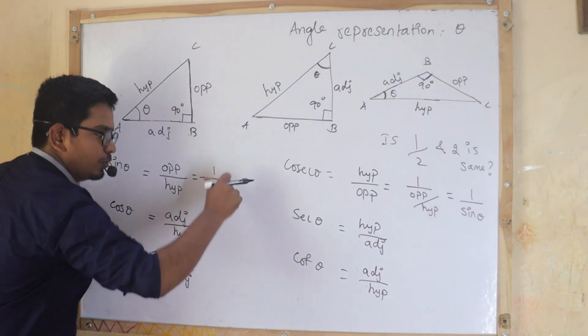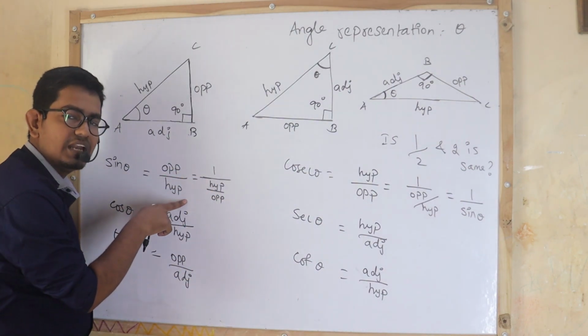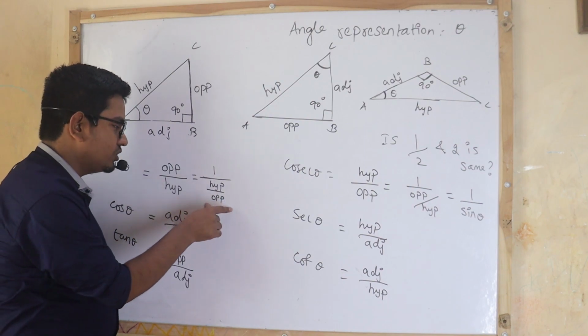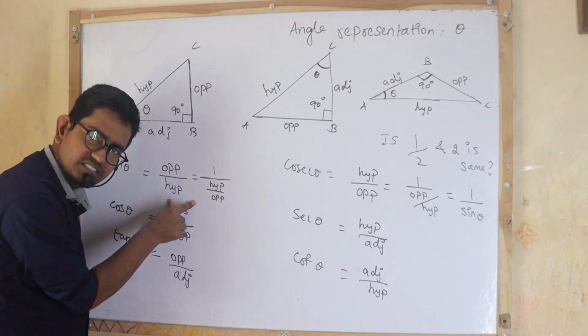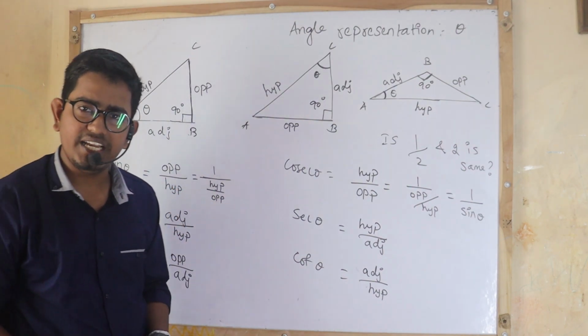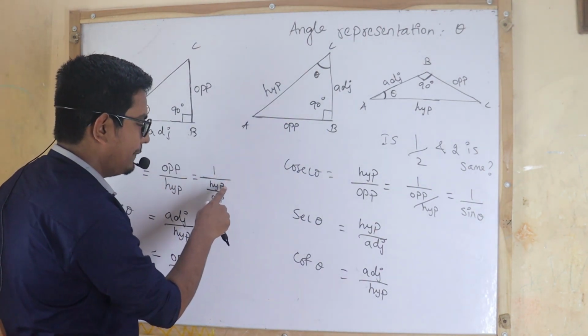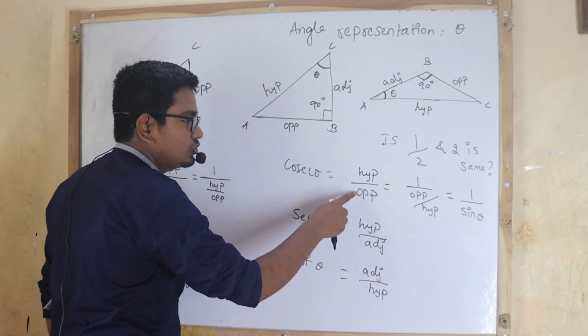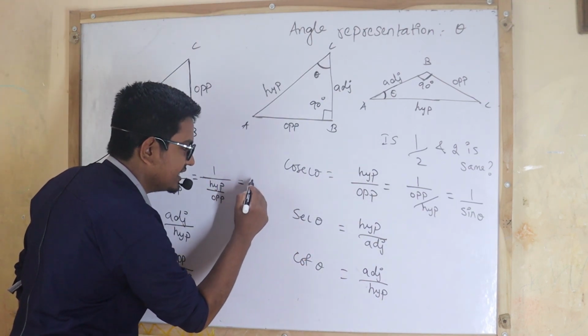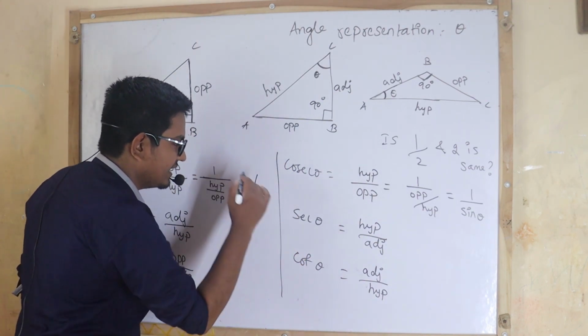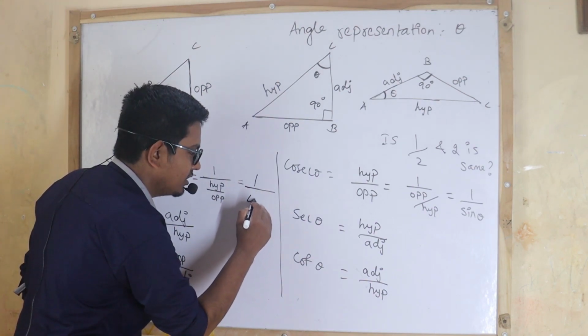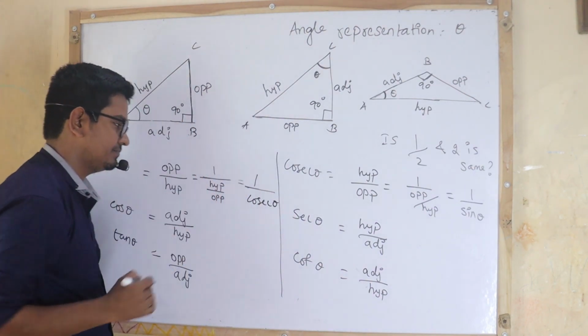If I do the reciprocal of this, I will get opposite upon hypotenuse. That means I have not changed the equation yet. I have not changed the formula yet. It is still correct. So 1 by hypotenuse upon opposite, and hypotenuse upon opposite is known as cosecant theta. Therefore I can write it as 1 by cosecant theta.